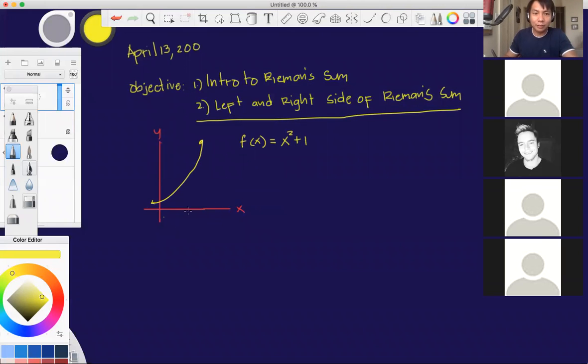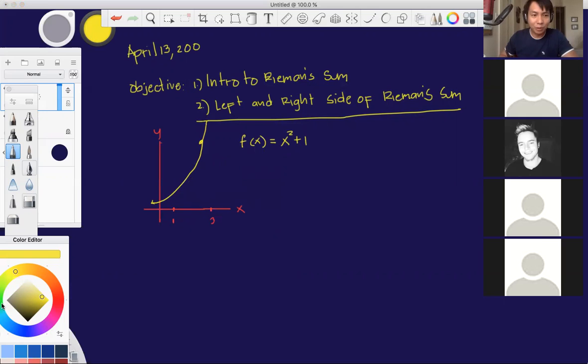Now, let us say that we're being asked to find the area that is bounded by x equals 1 and x equals 3. Are you guys still doing okay there? Let me just extend my function. There you go. So this function is being defined by x squared plus 1.